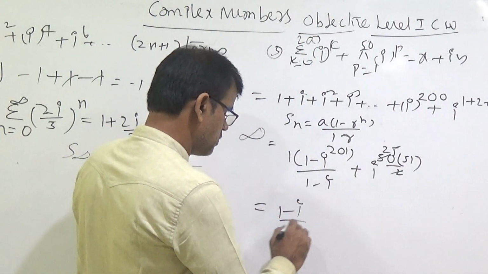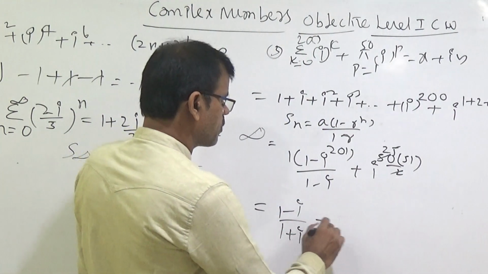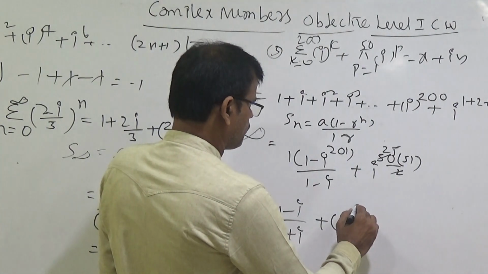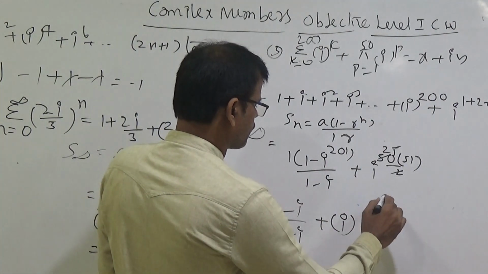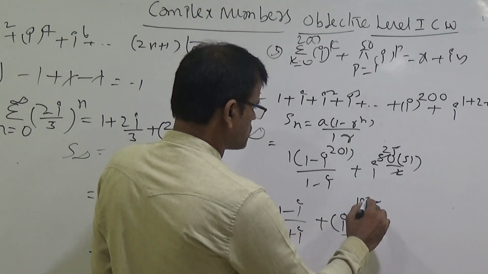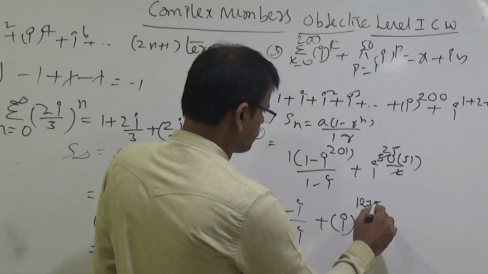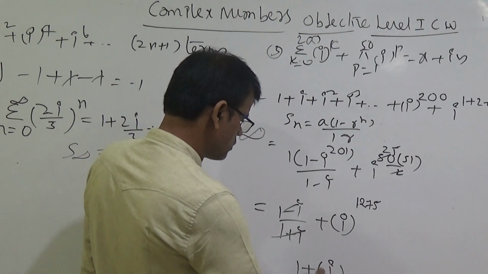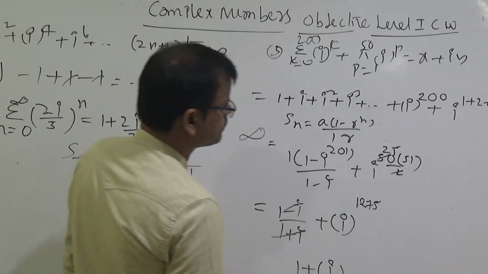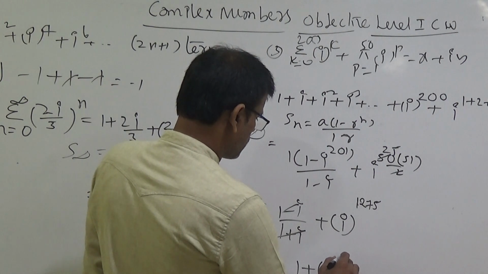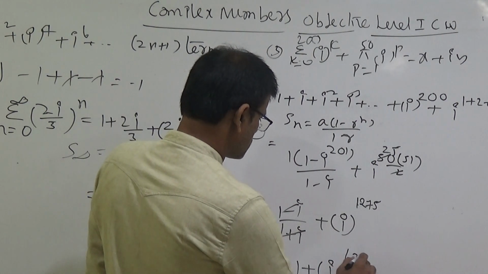So 1 minus i by 1 plus i, plus this is i power 25 into 51, which is 1275. This is 1 plus i into i power 1274, so it is 637.